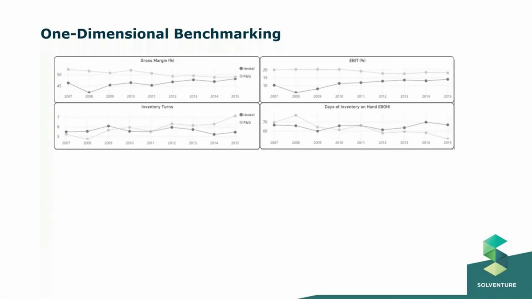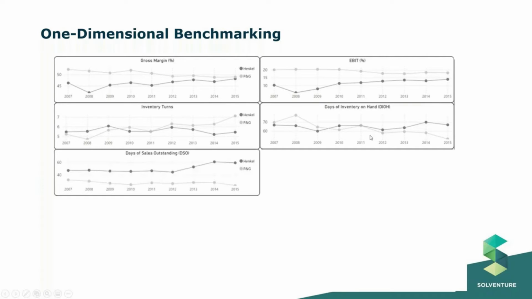In which company would you invest? Most probably we stick to P&G. Better margins, lower inventories. Days of sales outstanding. So this is the money we still need to receive from our customers. P&G, around 20 days.